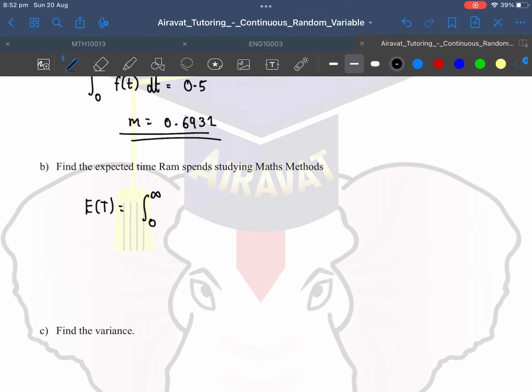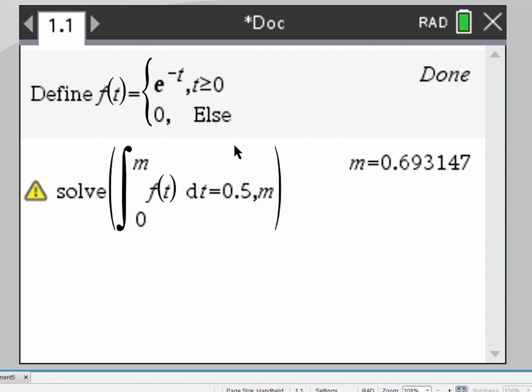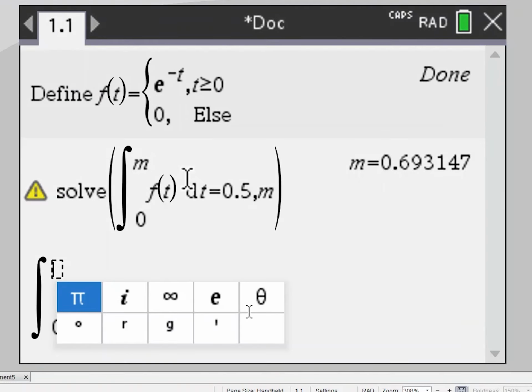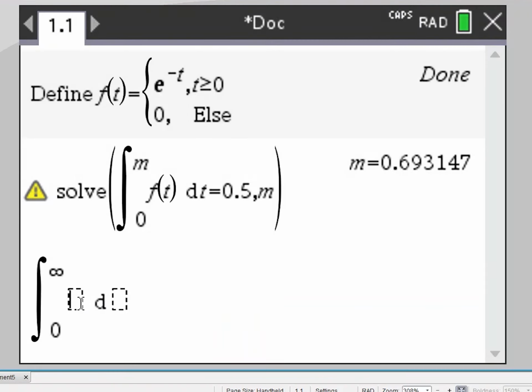So it's just going to be the integral from 0 to infinity of t times f of t dt. And if you evaluate this on CAS, let's do it now. Now we have to find the value of mean, so press menu 4, 3. Lower terminal is just going to be 0, upper one is going to be positive infinity, and t times f of t dt.